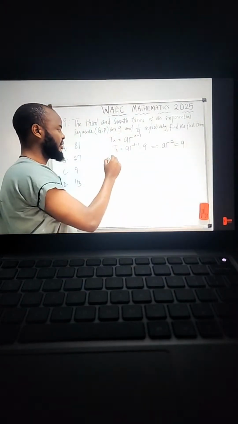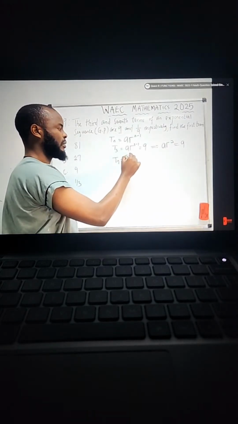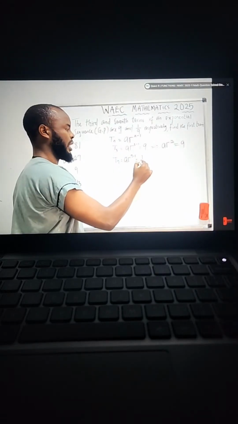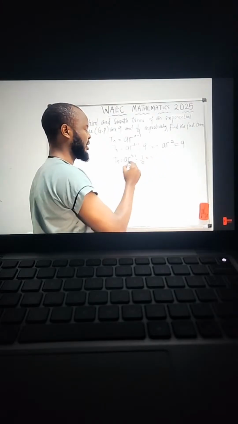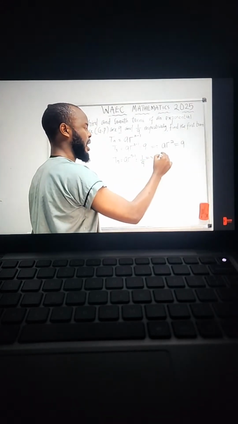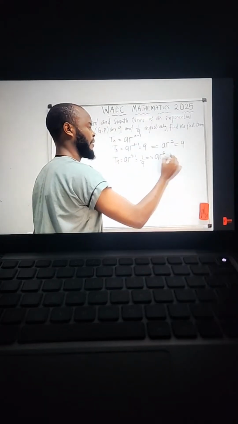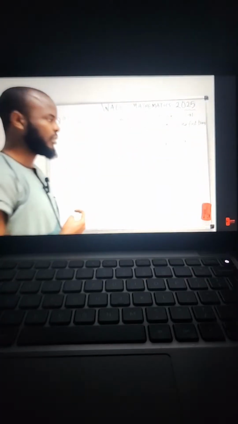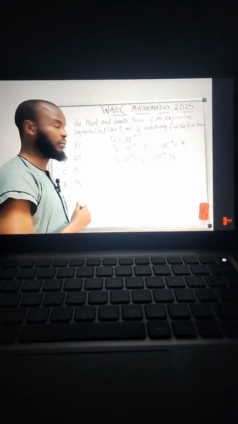Secondly, we have the seventh term, T7, which is AR to the power of 7 minus 1, equals 1/9. And here you can say that AR to the power of 6 equals 1/9. Now, to get the first term, the first thing you have to do is get the common ratio, then you can plug that in to get the first term.